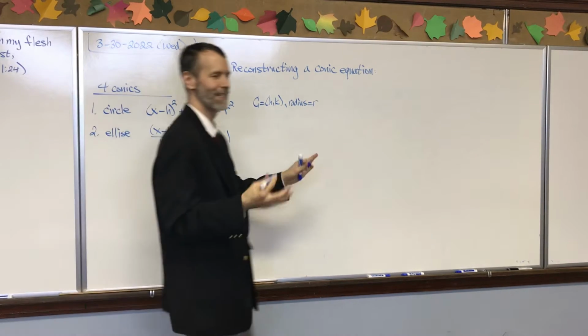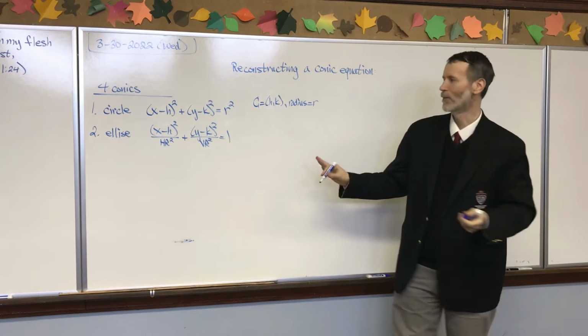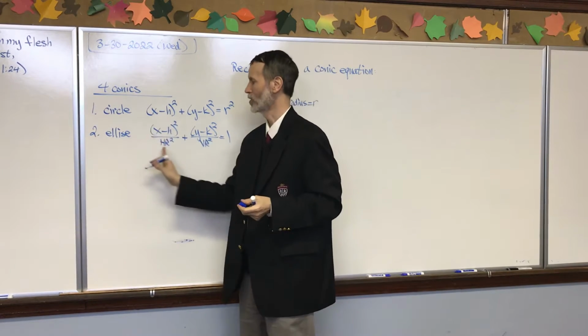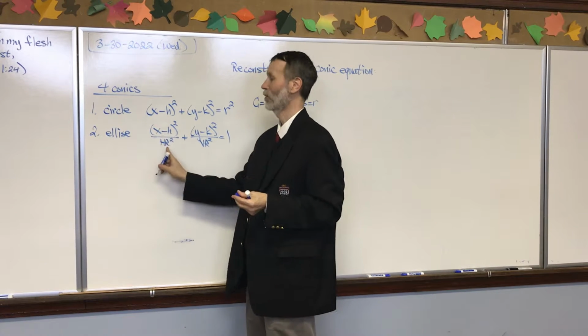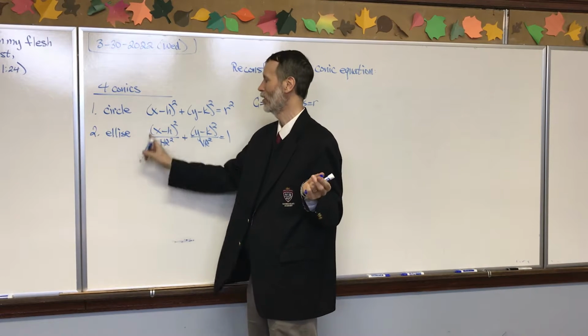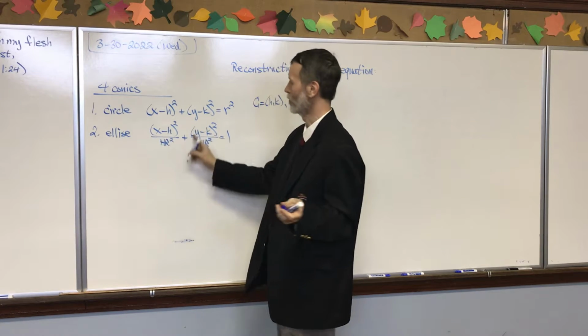On the top, it's identical to a circle formula. On the bottom, you notice all the horizontal stuff is together. H is horizontal, x is horizontal, radius is obviously horizontal. They all hang together. Same thing with the vertical stuff.